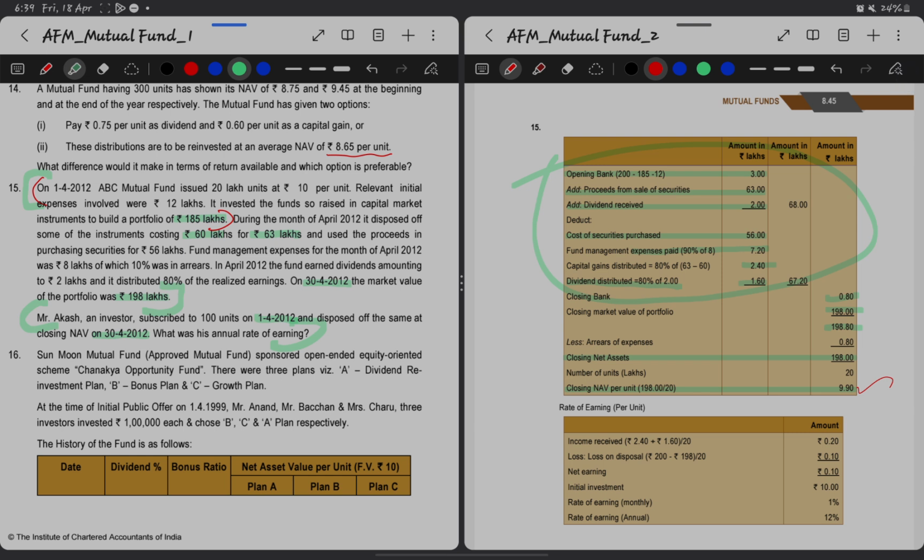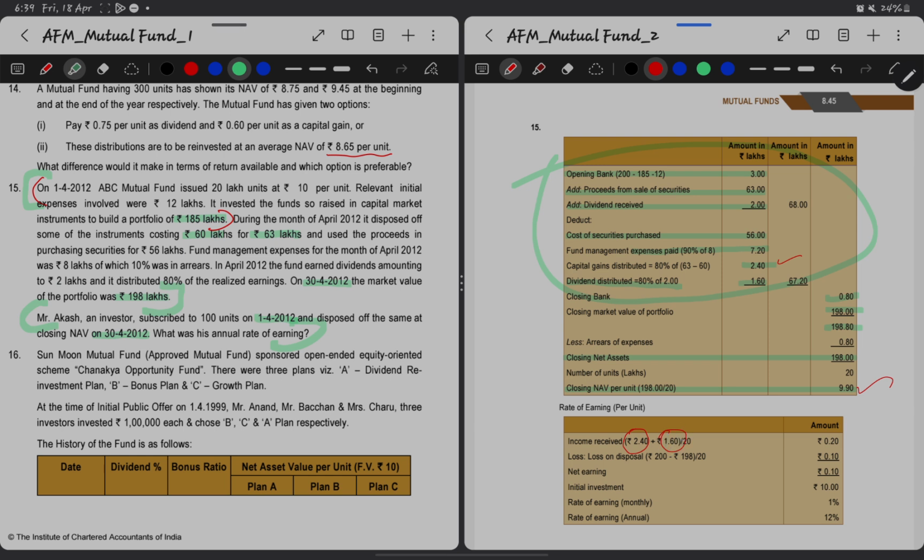So Mr. Akash, for 100 units he received 2.4 as seen here. The capital gain distributed 2.4 will be written. Then what else? Dividend also he might have received, right? So dividend also distributed 80%. Dividend distributed 80%. So 2 lakhs multiplied by the 80% is 1.6.